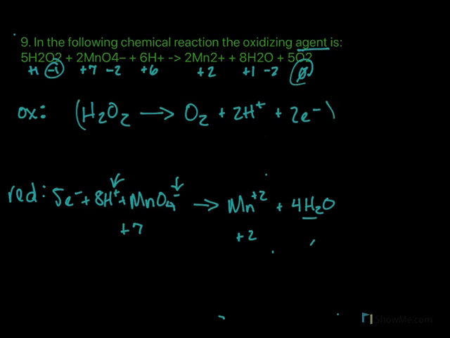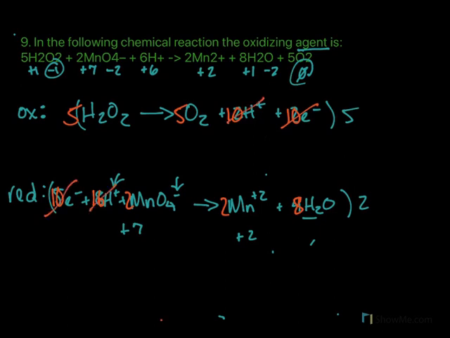And then to even these out, we can multiply all this by 5 and all of this by 2. So that will leave us with 5, 5, 10, 10. And this will be 10, 16, 2, 2, and 8. So now we can just look at each side and get rid of any duplicates.